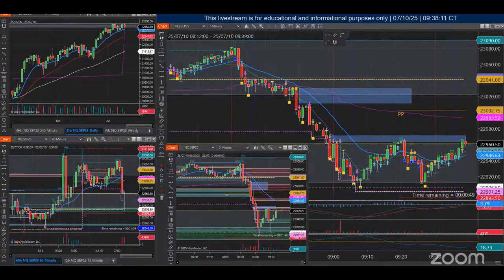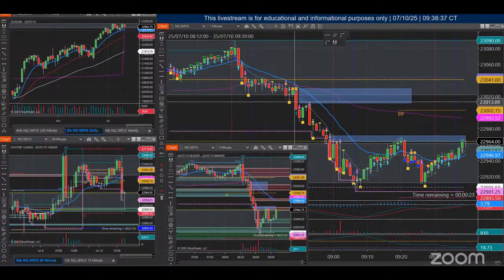All right, so I'm waiting for this bar to close and then based on that, I need to see whether it will be a break of structure or not.